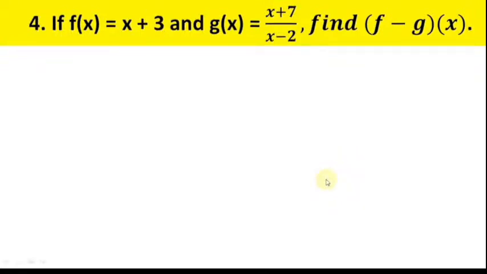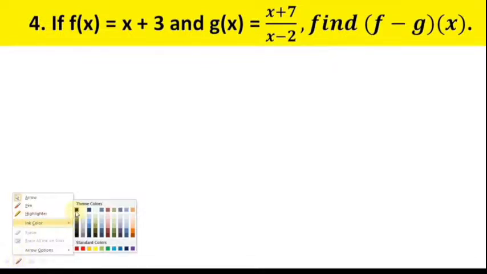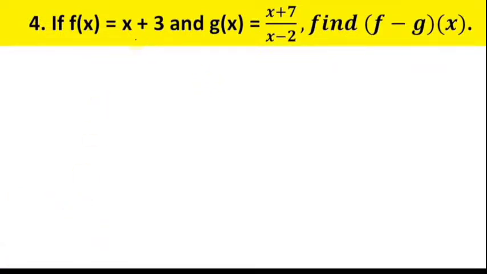Number 4, so we have, if f of x equals x plus 3 and g of x equals x plus 7 over x minus 2, find the quantity of f minus g times x.